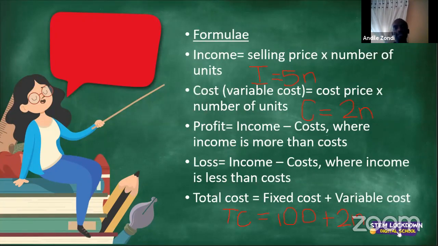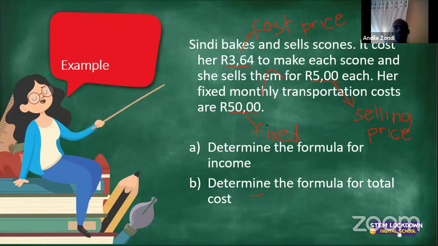Let's go back to our example. Our fixed cost is 50 rand, and our cost price is 3.64. The cost price gives us the variable cost, which is cost price times number of units.